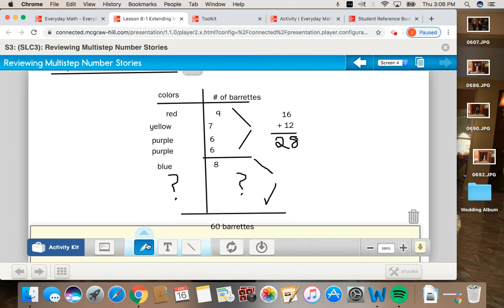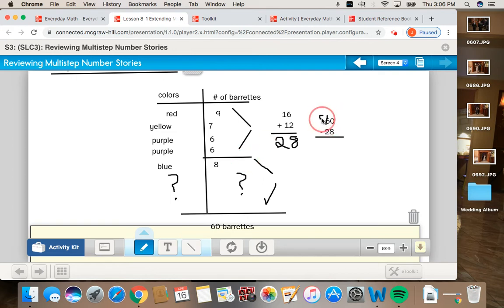All right, so an easy way to do that is to set up a subtraction problem. I'm going to take my 60 and take away my 28. That's going to tell me how much I have left for those boxes of blue. 60 minus 28. I'm going to regroup.